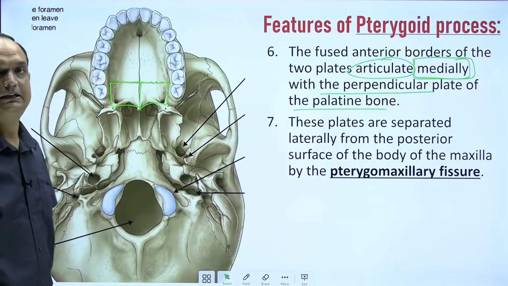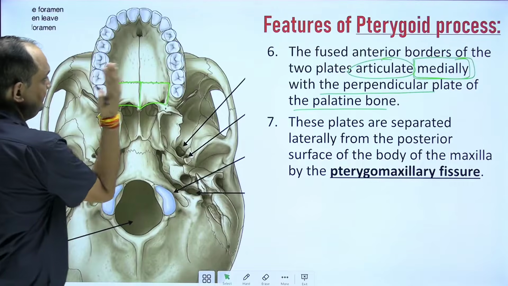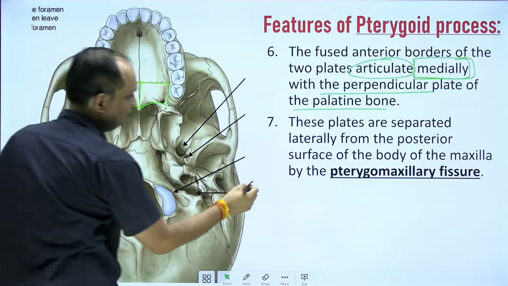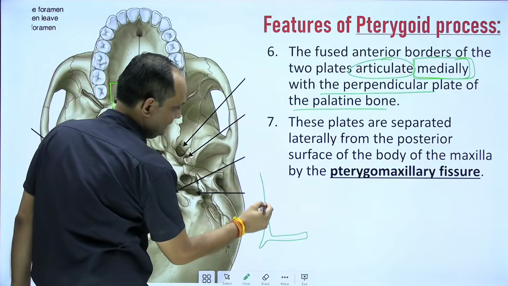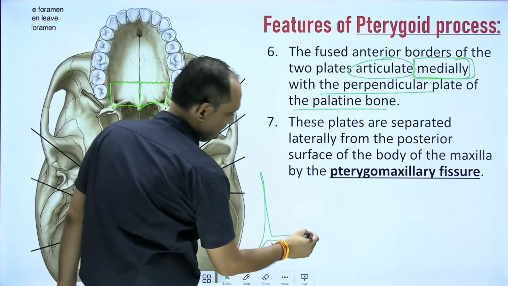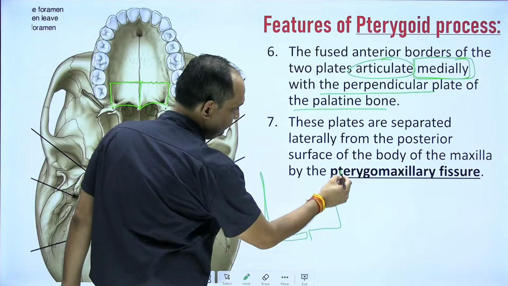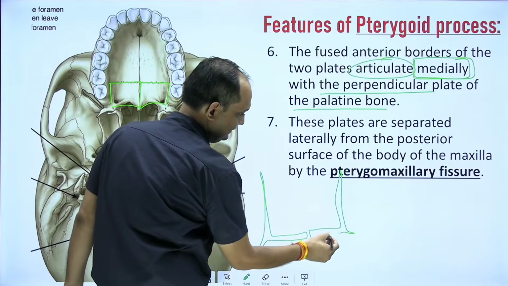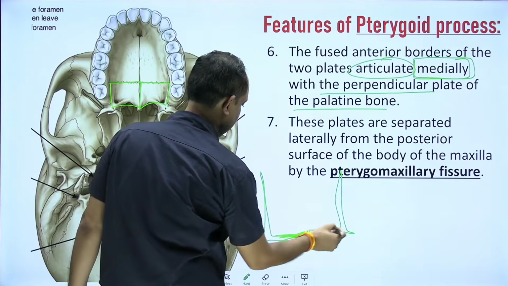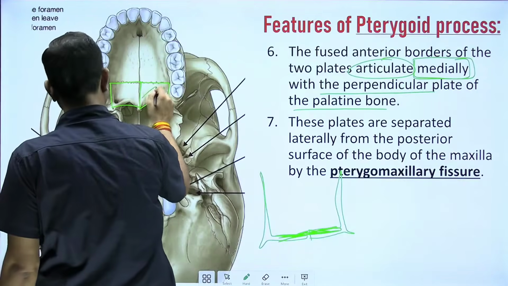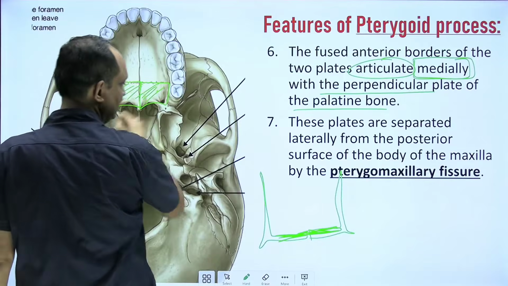Suppose I am drawing the palatine bone of one side and this is the palatine bone of the other side. What you are able to understand is that this is the horizontal process of the palatine bones which come here and form the posterior part of the hard palate.